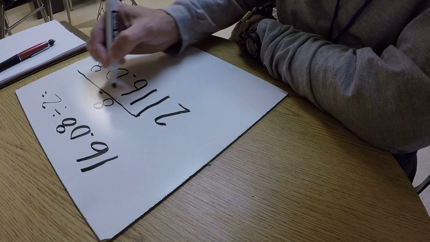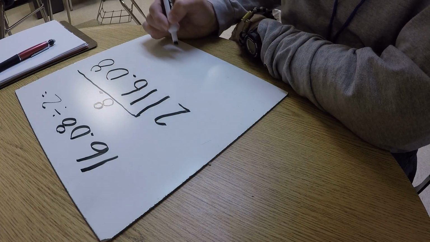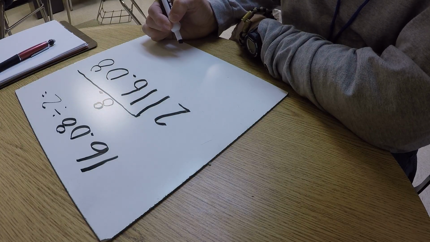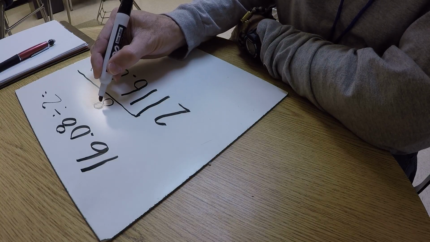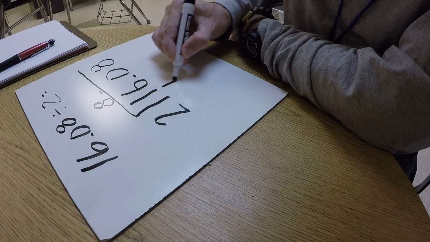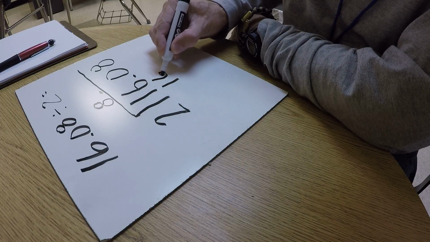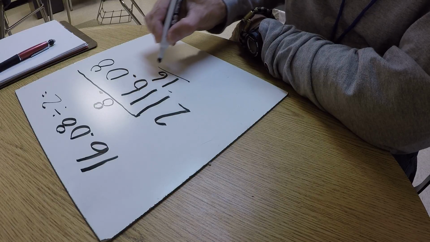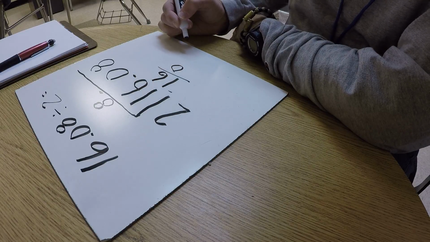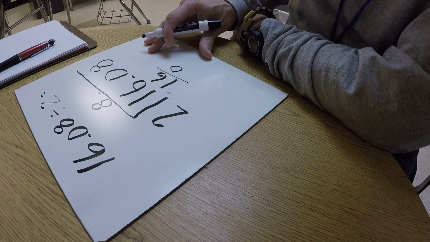So I'm going to put that 8 right above 6. 6 is the last number that I was trying to go into. So I put the 8 there, and then I tell myself 8 times 2 is 16. I put that 16 underneath this 16, and I just subtract. 16 from 16 is 0. Okay? So on to the next step.